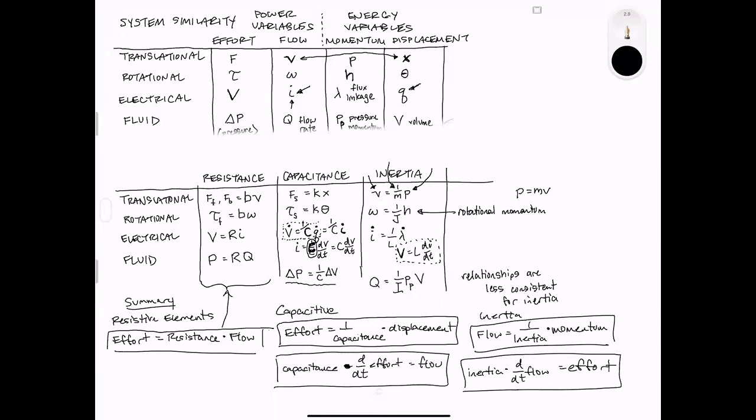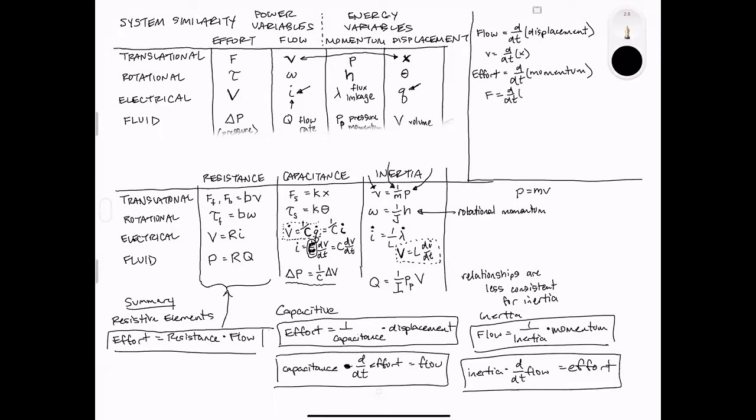And the super summary, which I'll do up here to finish off this video, is that flow is equal to the time rate of change of displacement. And an example of that was that V is equal to dx/dt. We have effort, which is the time rate of change of momentum. And one to memorize is that the force is equal to the change in translational momentum, linear momentum.